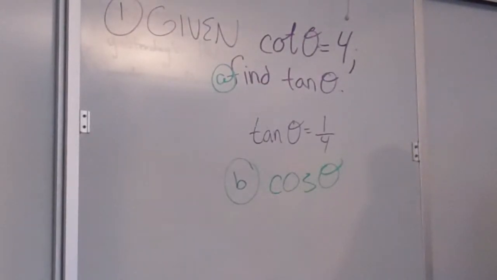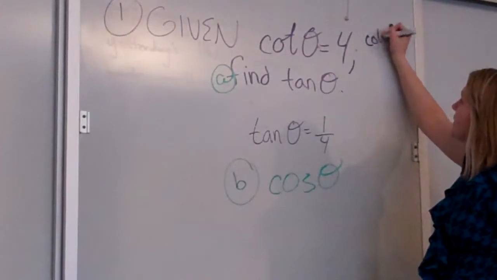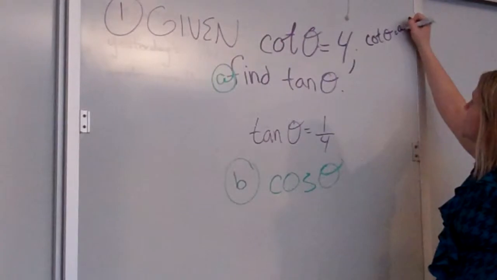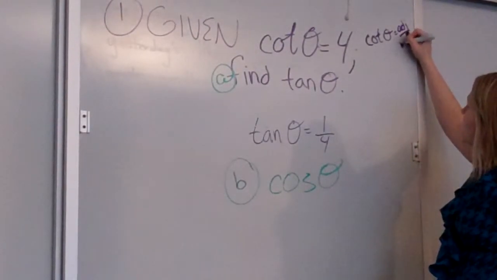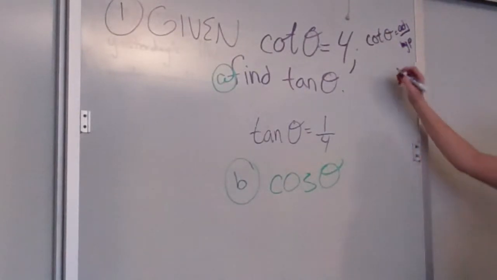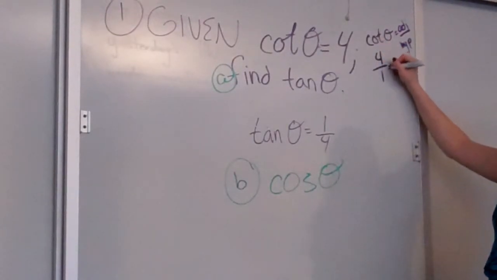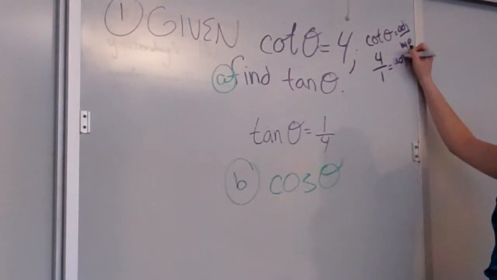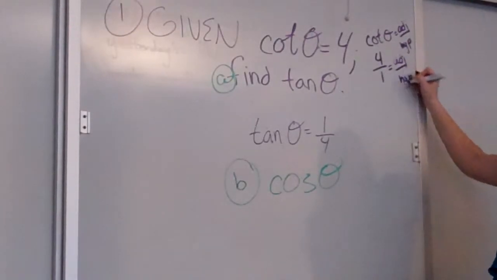Adjacent over opposite, in terms of the lengths of the sides of a triangle. So we know that cotangent is adjacent over opposite, which means that 4 over 1 equals adjacent over opposite.